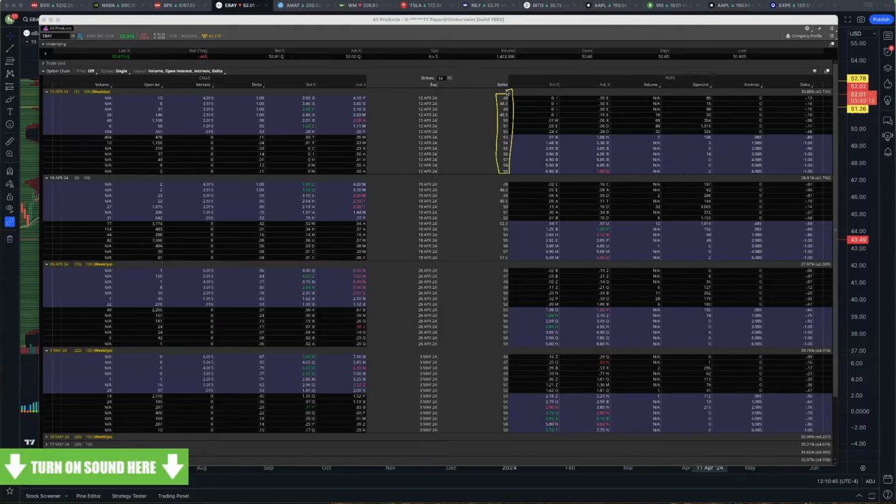Okay. This is our expiration date here. You can also see that up here in the corner, and this is Thinkorswim. Everyone's going to look different, but what you'll see on most option chains is on this right hand side are the calls, and on this left hand side are the puts.